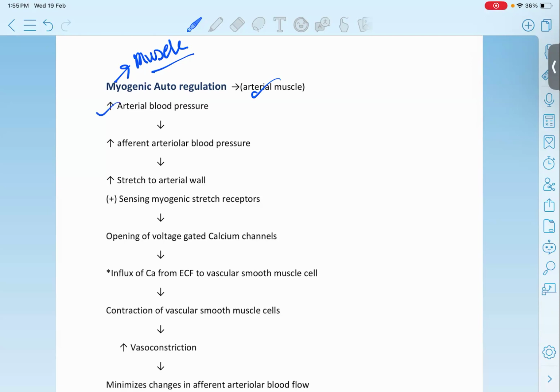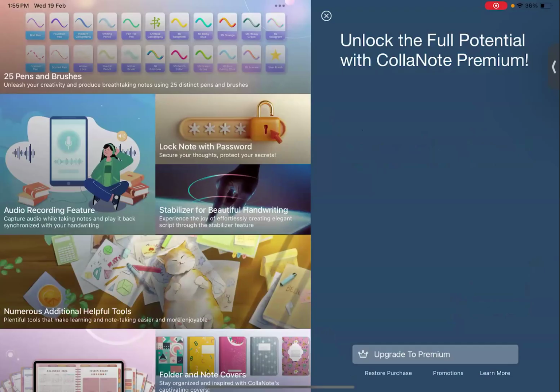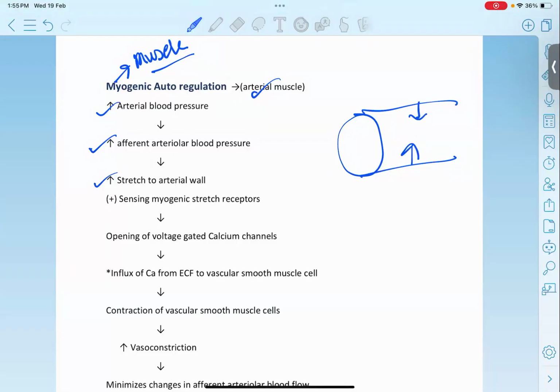If there is any increase in the arterial blood pressure, then afferent arteriolar pressure will also increase, and that is going to cause a stretch to the arterial wall. In the arterial wall muscle, there is some receptor. So there is going to be a positive stimulus in the myogenic stretch receptor.